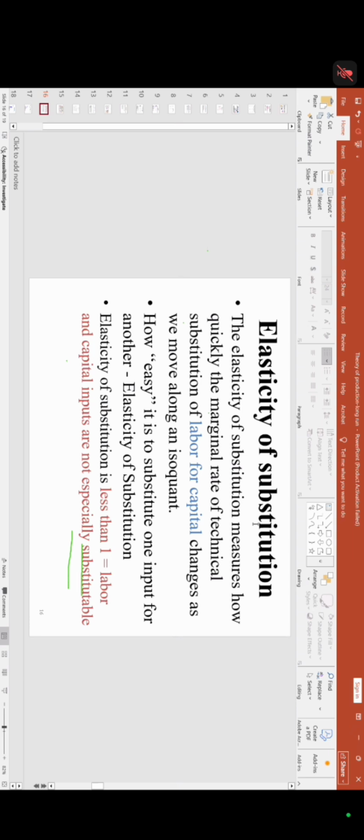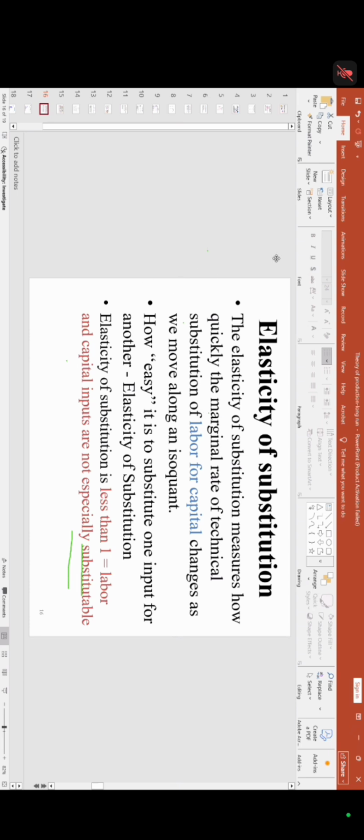The elasticity of substitution measures how quickly the marginal rate of technical substitution of labor for capital changes as we move around the isoquant. So it basically explains that when you are moving along your isoquant curve, you may identify, when you are increasing labor, how much capital you need to decrease.